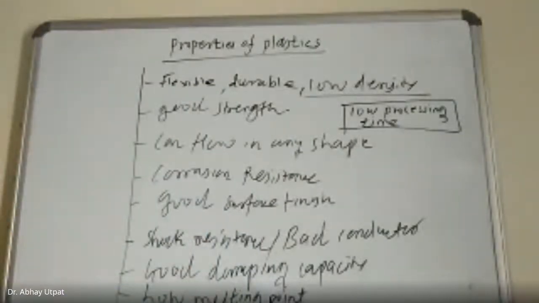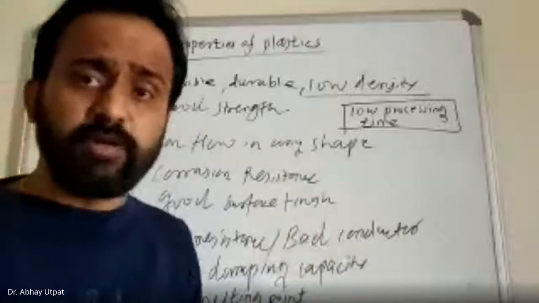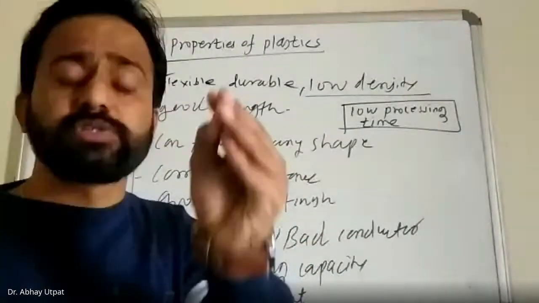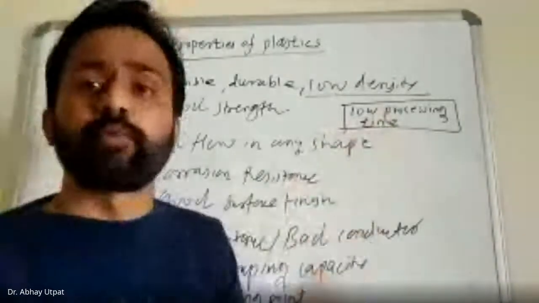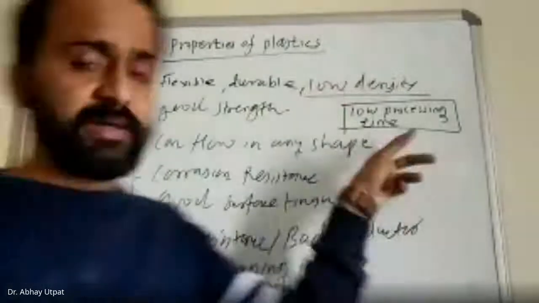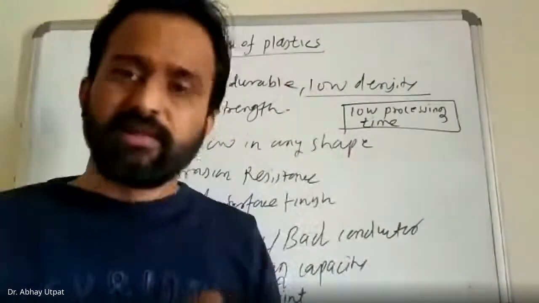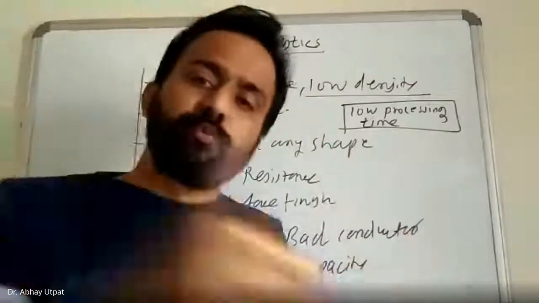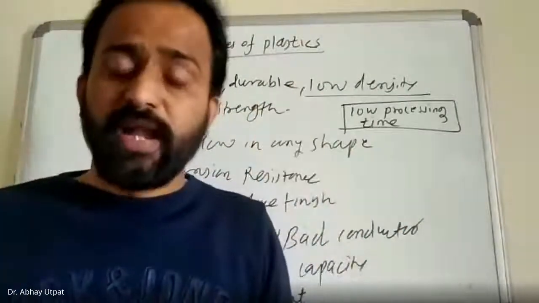As far as mass production of components, from larger to smaller size, is concerned, the processing time plays a very important role. Because in processing time, it starts with injection, in case of injection molding, or I'll use the word pouring, then solidification, and then cooling.